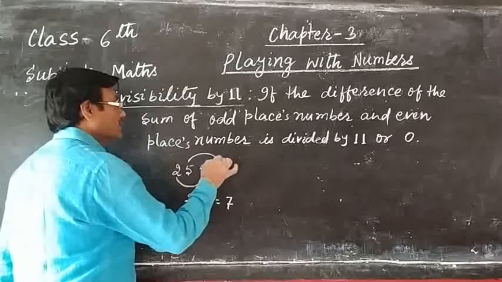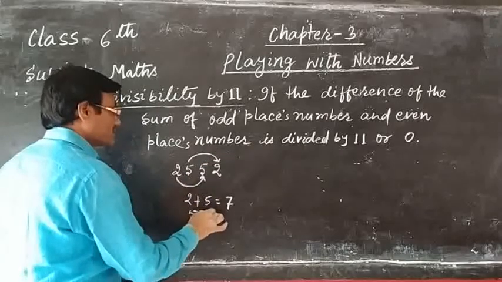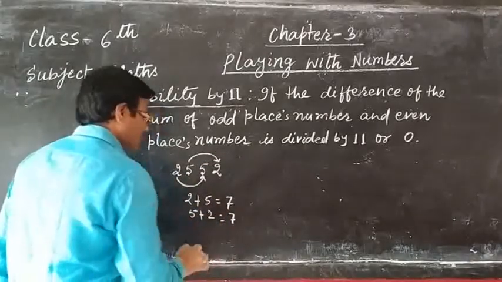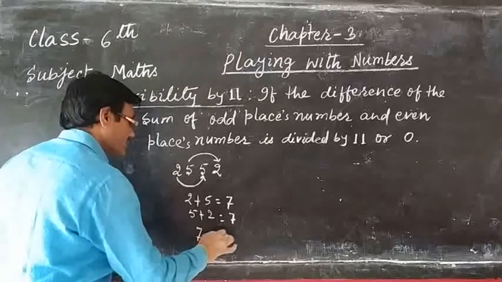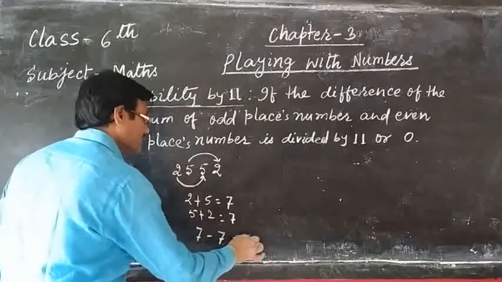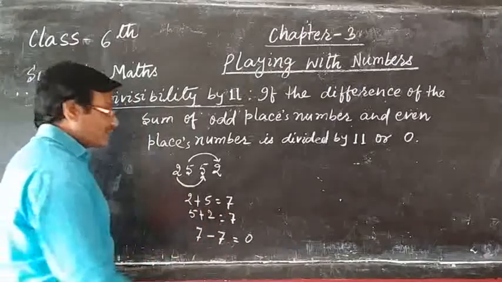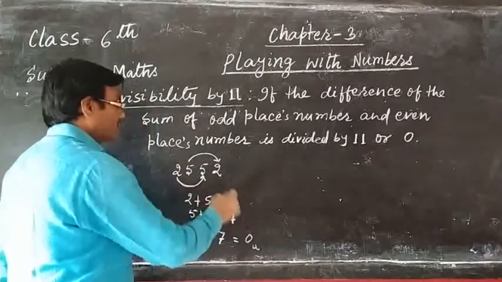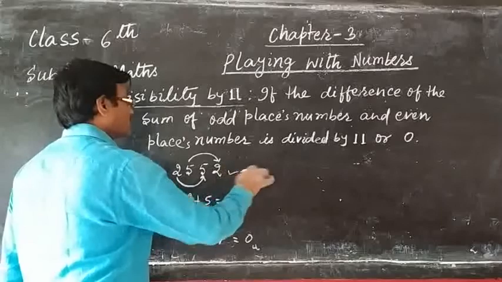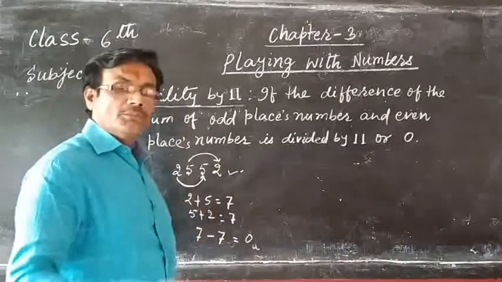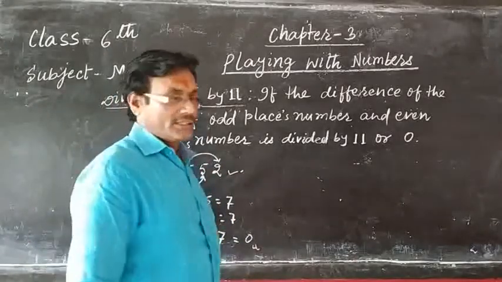Now we make another group, 5 plus 2 is equal to 7. Now subtract: 7 minus 7 is 0. If 0 is the outcome, then it shows that the number 2552 must be divisible by 11.